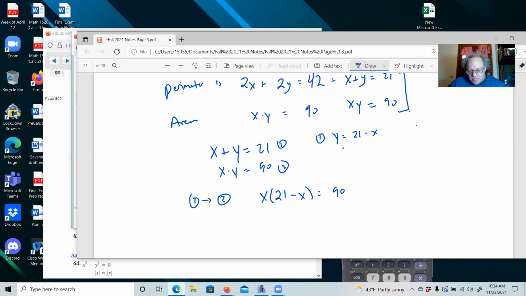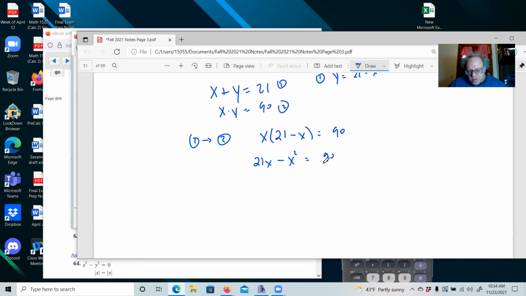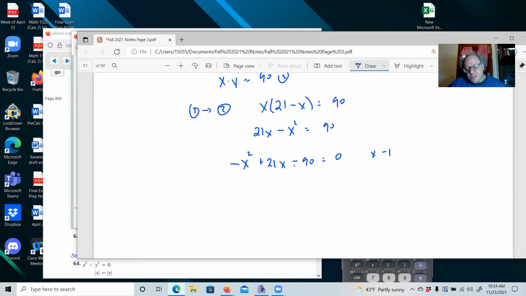So we have 21x minus x squared equals 90. We subtract 90 from both sides: negative x squared plus 21x minus 90 equals 0. Now I'm going to multiply by negative 1, because I work better with a positive 1 as the coefficient. So we have x squared minus 21x plus 90.